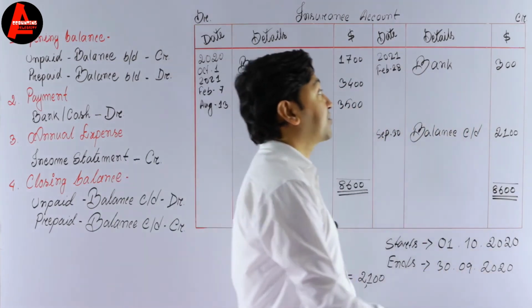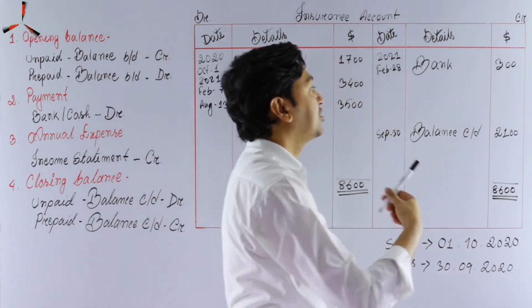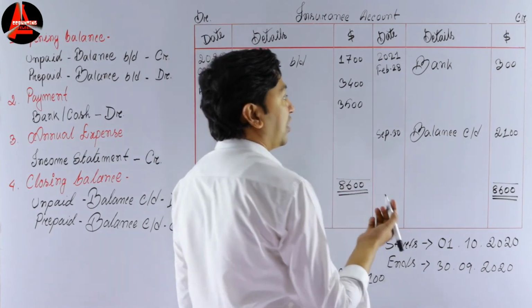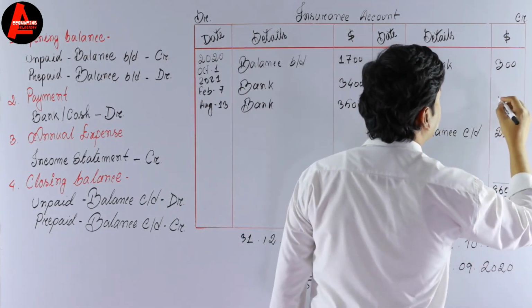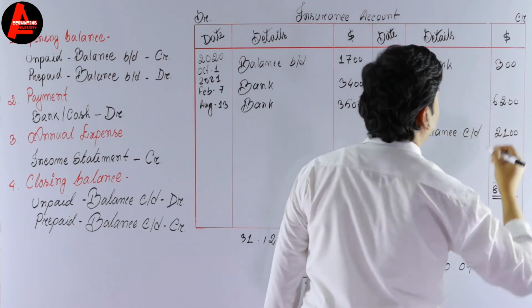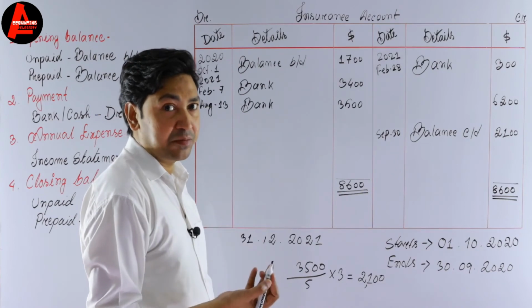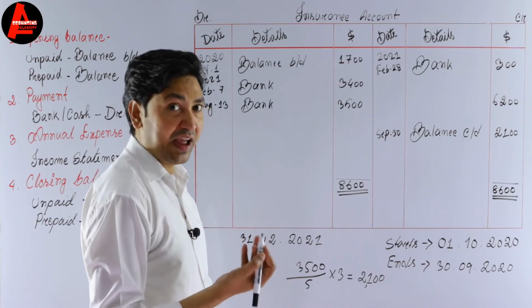Now we will subtract these amounts from these totals. If we subtract, what do we get? If you say it is $6,200, you are absolutely correct. This is the amount of the income statement, meaning the amount of annual expense.